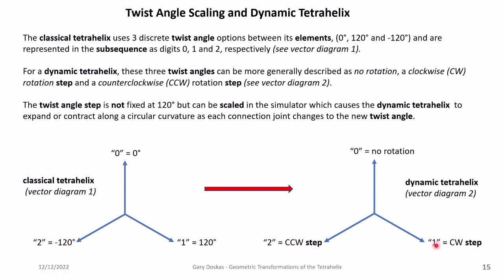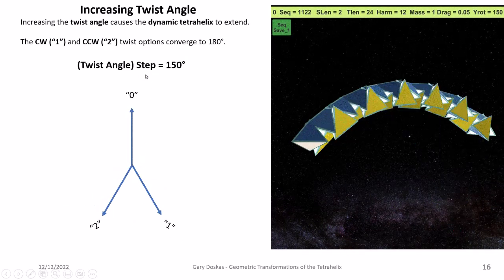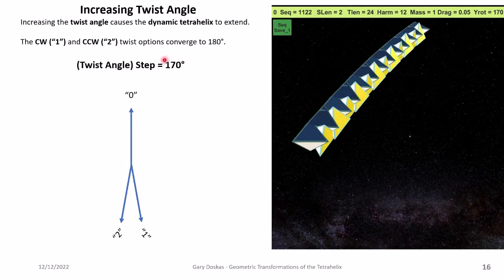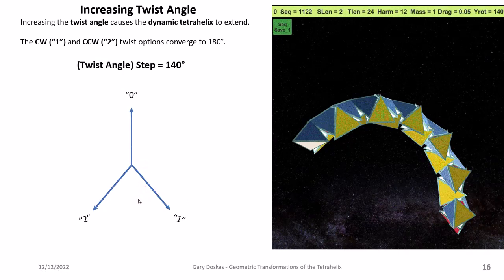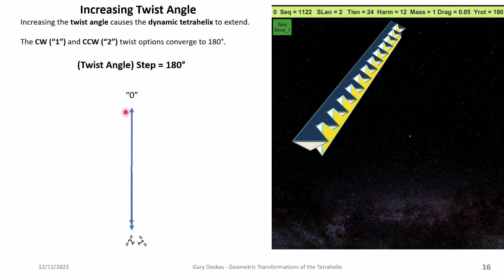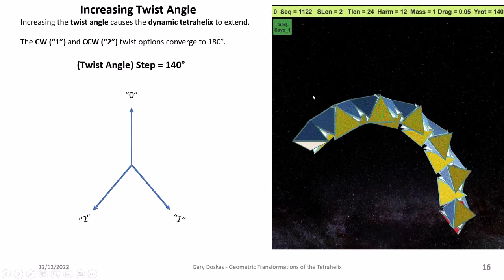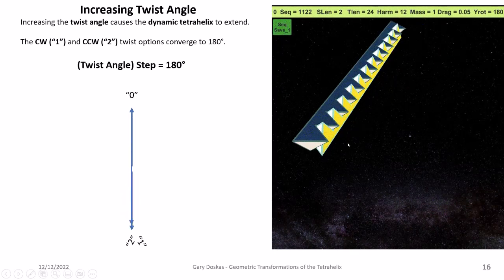So now when I change the step value in the simulator, it's going to cause some movement, which will be a little clearer in this animation. This is just an example of taking the twist angle and increasing it by 10 degrees at a time. You'll notice that the options for clockwise and counterclockwise rotations now converge towards 180. And on the right, you see the corresponding effect of the straightening out, or the movement of the tetrahelix through these various angles.